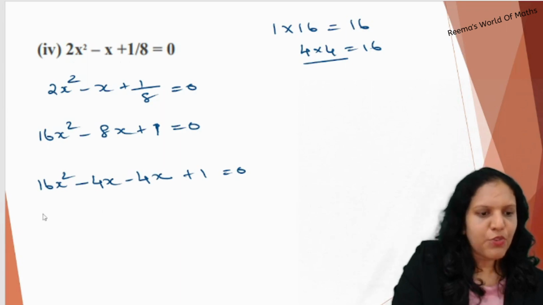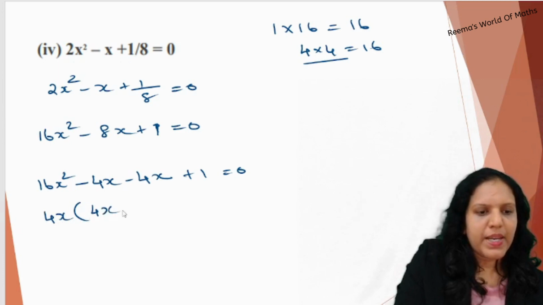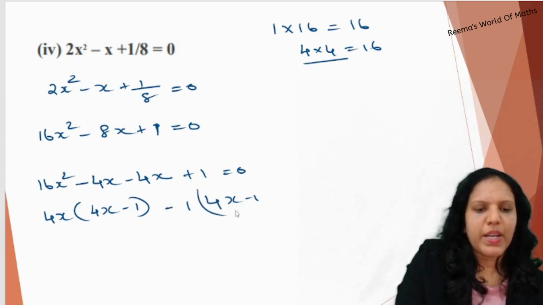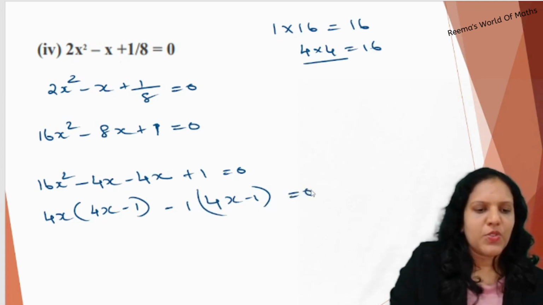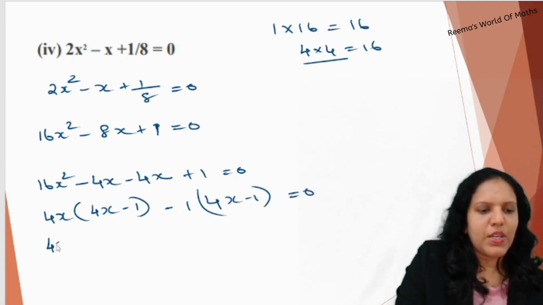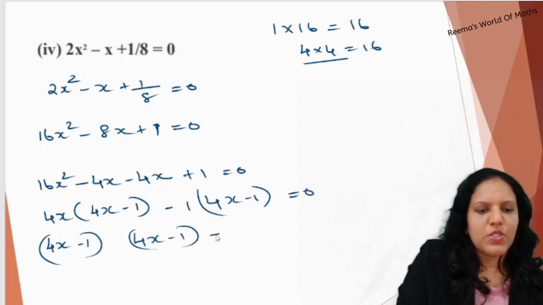We can take 4x common here and what is left is 4x - 1. Again it is 4x - 1. So that will be (4x - 1) multiplied by (4x - 1) equals 0.